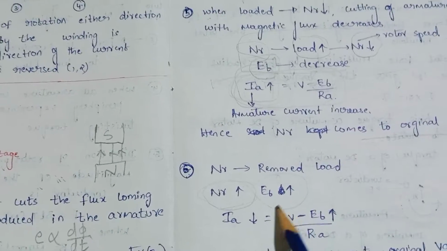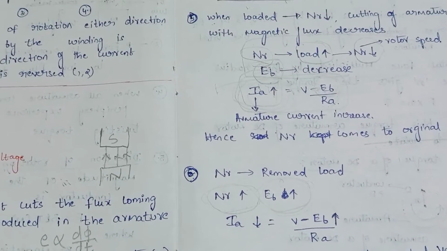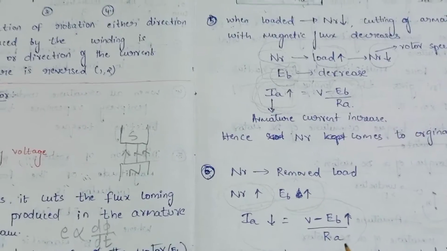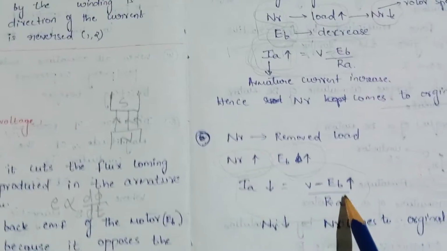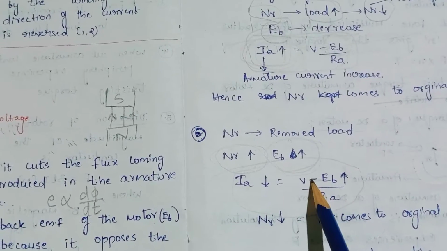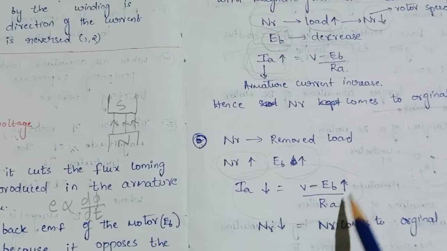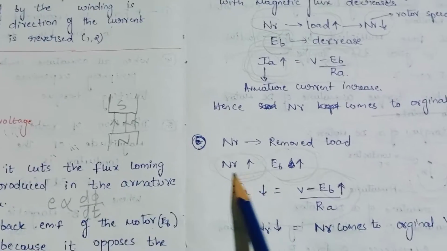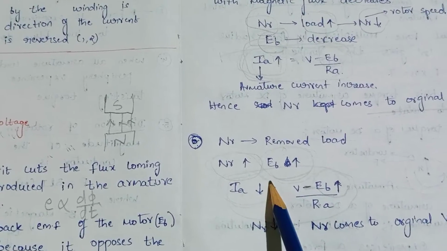Due to this, the induced EMF increases. By knowing this equation, let us put it together. When the induced EMF increases, which is of minus, right? This value increases. When the induced EMF increases, the armature current decreases.